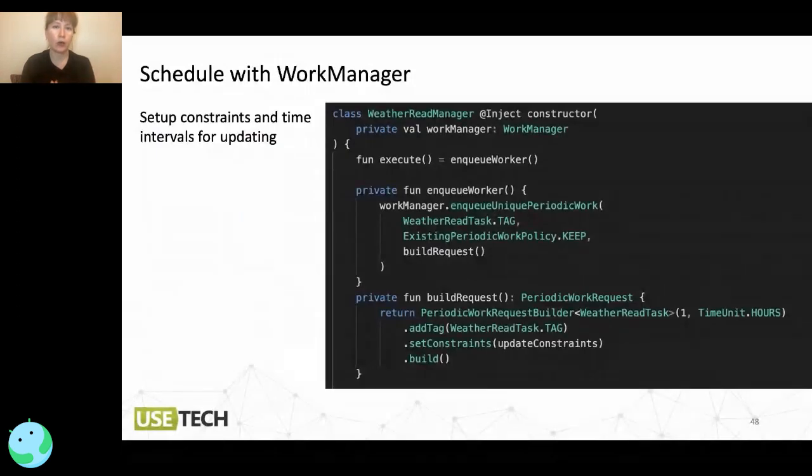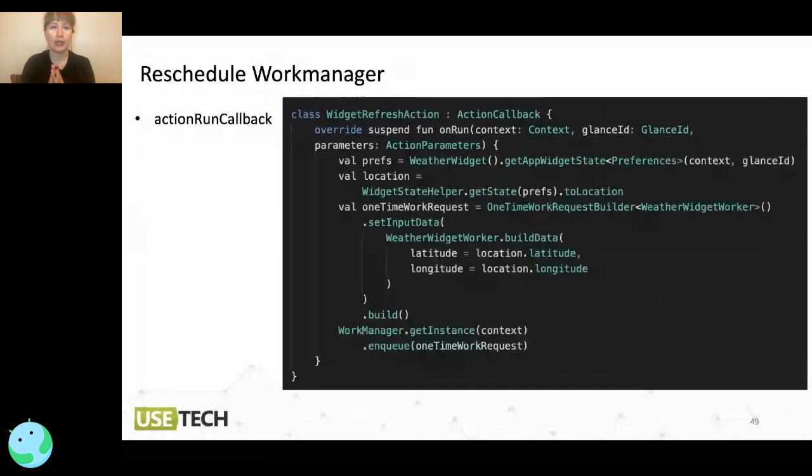In our work manager, in some kind of manager that will work with our work manager, we need to specify some kind of constraints or set up intervals or a policy of changing and updating. And then we could specify a periodic work request with some kind of task that will be a worker. And of course, we could specify force triggering the starting of updates.